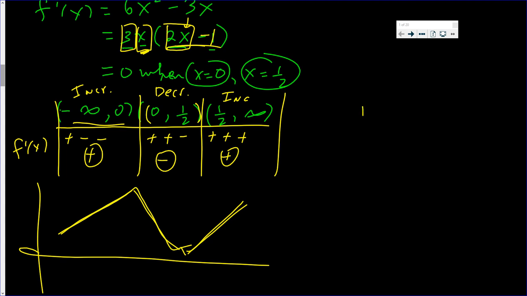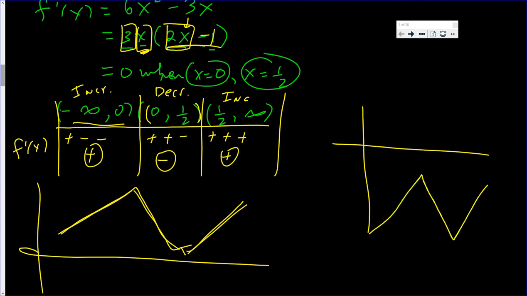In other words, it may have been something like this. There's no reason why these ends shouldn't be going forever, because we are going to infinity and to negative infinity. But I can tell you for sure that first it's increasing, then it decreases, and then it increases.